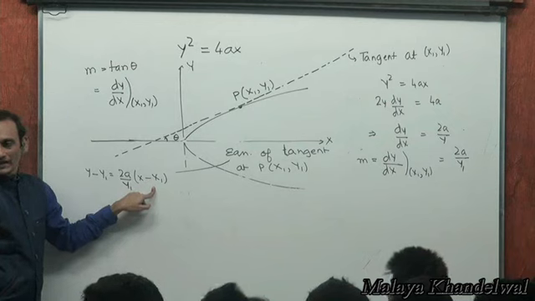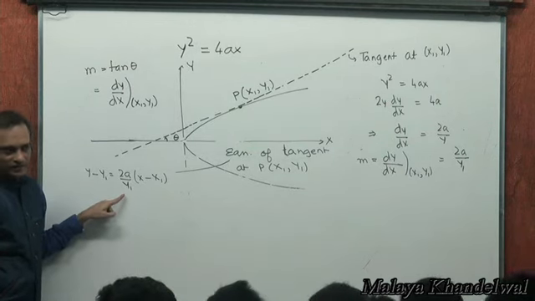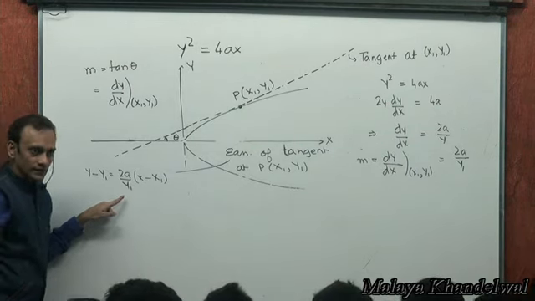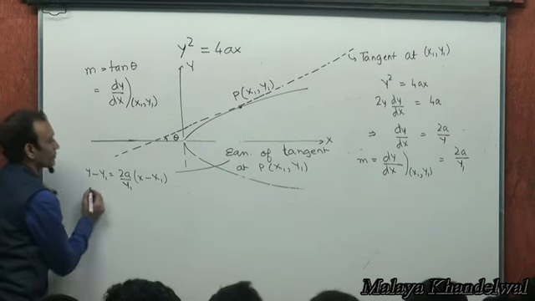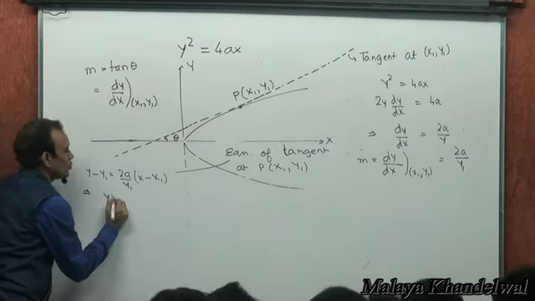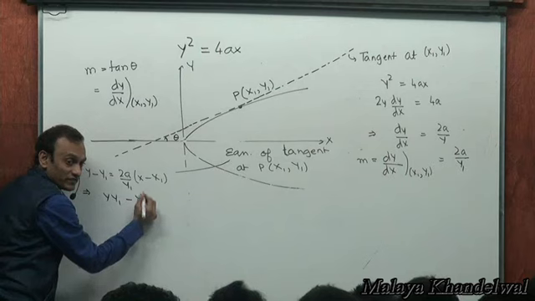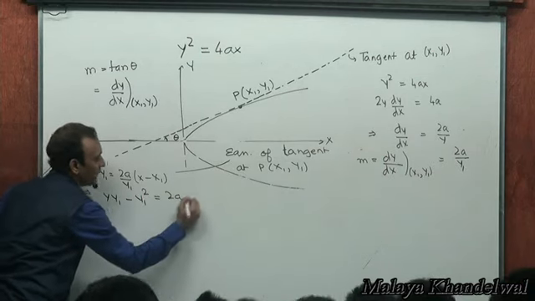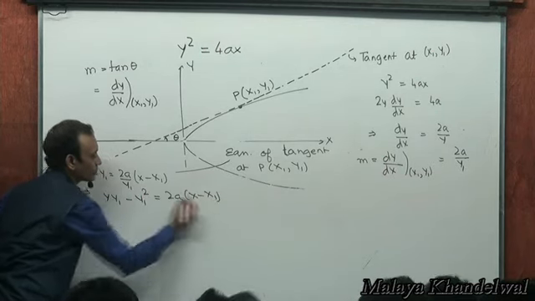Y minus y1 by x minus x1 is slope at x1 y1, which is 2a by y1. Yes or no? Right? Which then reduces to y y1 minus y1 squared is 2a into x minus x1.